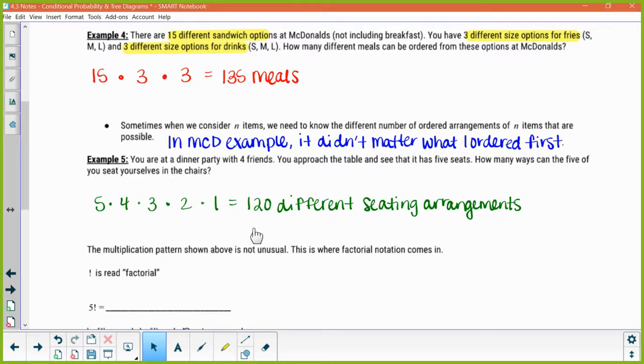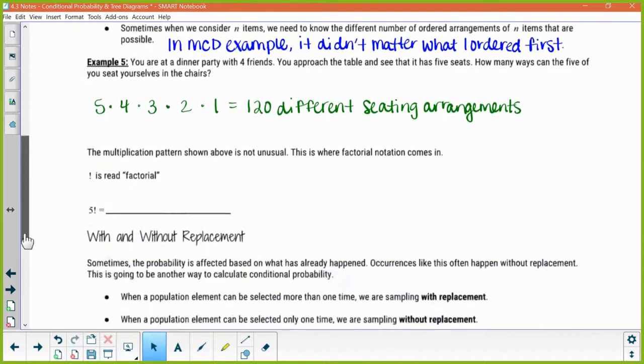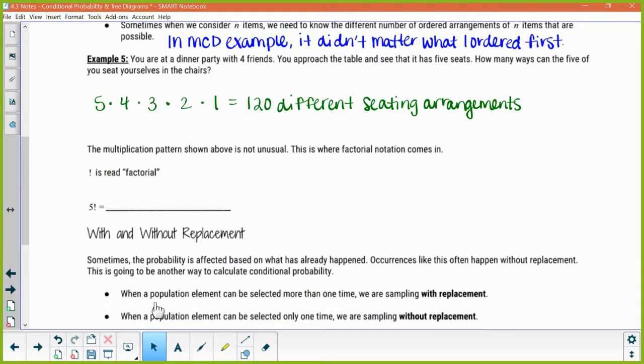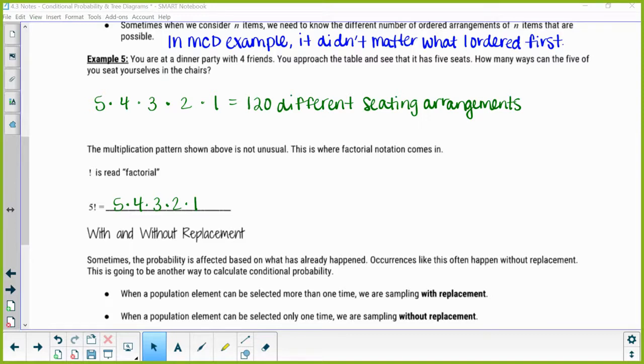So that gives me 120 different seating arrangements, and we often refer to this as a factorial. 5 factorial is equivalent to 5 times 4 times 3 times 2 times 1. If it was 6 factorial, we'd start at 6: 6, 5, 4, 3, 2, 1.